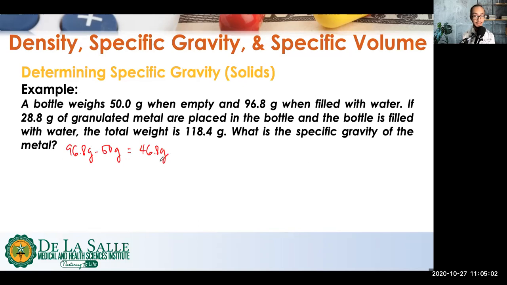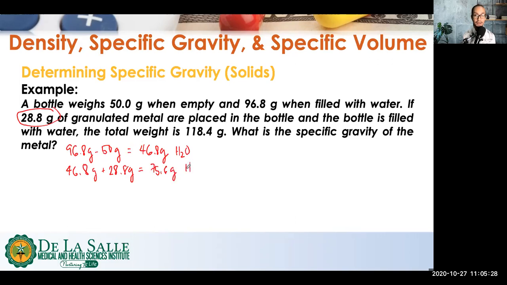The next thing we need to do: now we know this is the weight of water. What else do we know? We know that the metal weighs 28.8 grams. We can add those two together. So 46.8 grams plus 28.8 grams is equal to 75.6 grams.